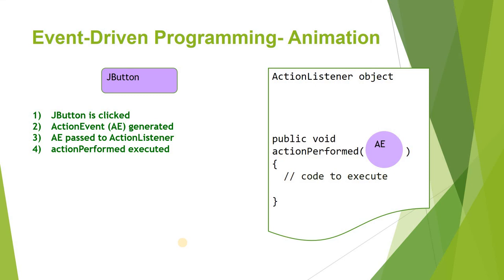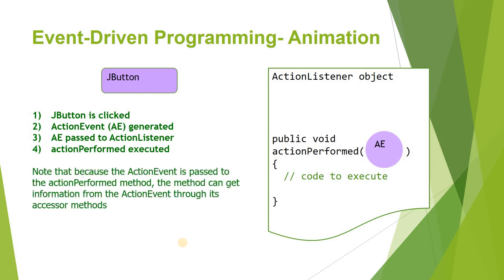That actionPerformed method has the code to execute in response to the events. And because that action event is passed to the actionPerformed method, we now have the ability to do some sort of action. And that's how it all works.